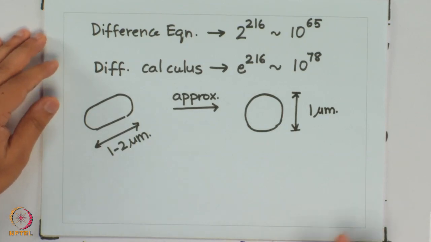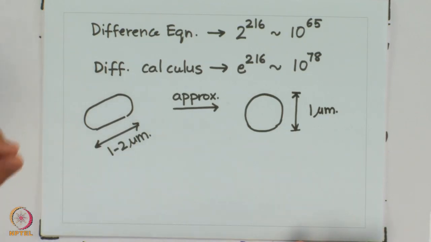Since we are only interested in order of magnitude estimates of weight of a single E. coli cell, this is not too bad an approximation. Even if our answer is off by a factor of 2, 4, 5, it really does not matter, because what we are interested in is an order of magnitude estimate of weight of one bacteria.